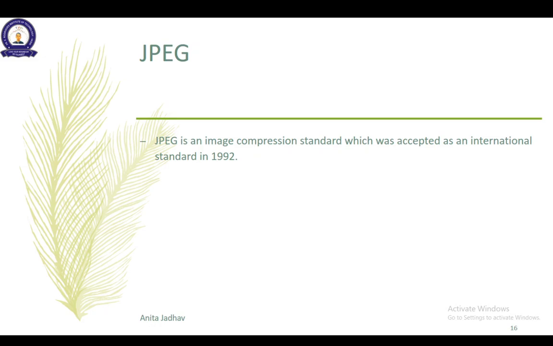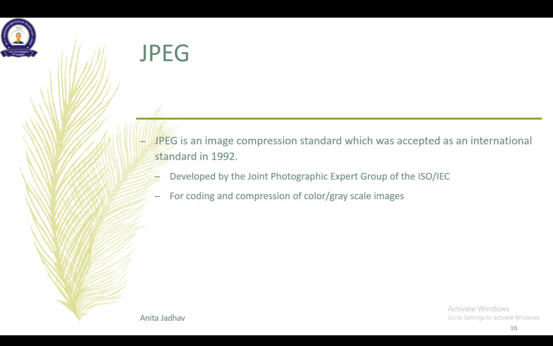Some people still say that it is a kind of compression algorithm, which people were trying to establish as a standard from 1986. Finally in 1992, it was accepted by ISO and the International Electrotechnical Commission. So it was developed by the Joint Photographic Experts Group of the ISO IEC.